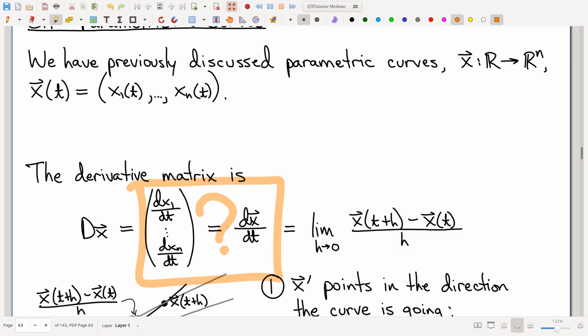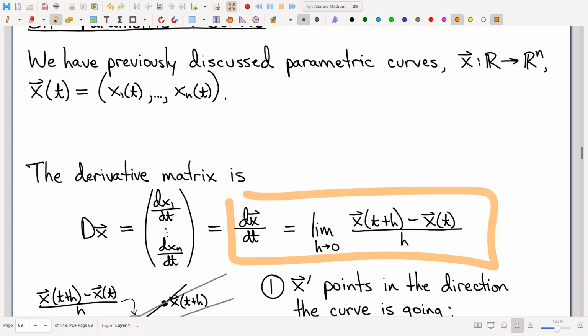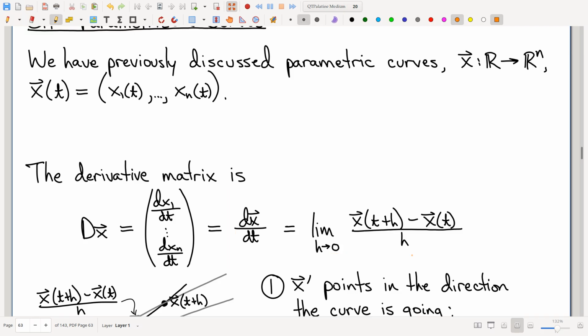And the way forward on that, and I don't want to get too lost in the weeds here, but look, we know how to take a regular old Calc 1 derivative. There it is. And notice that this process of computing a regular old derivative starts by looking at a difference of two position vectors. And now I ask rhetorically, how do we compute the difference of two position vectors? And the answer is you compute that difference one coordinate at a time. That's how you add and subtract vectors, one coordinate at a time. How do you then subsequently divide by a scalar?